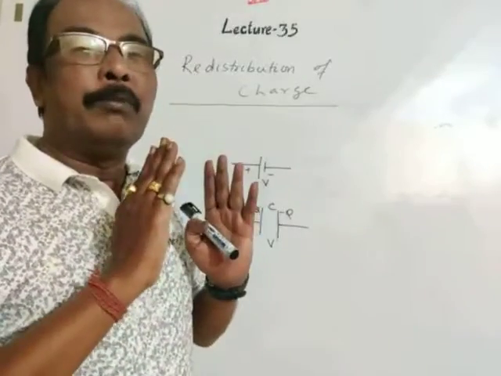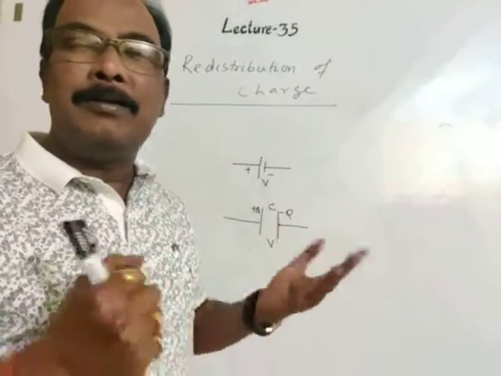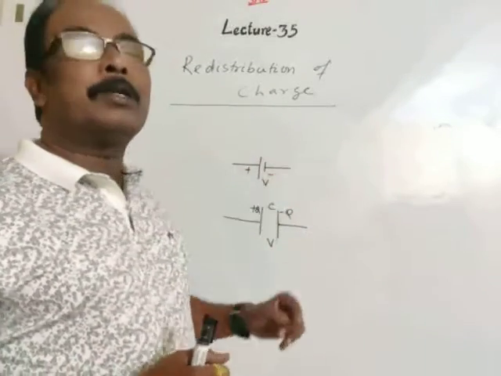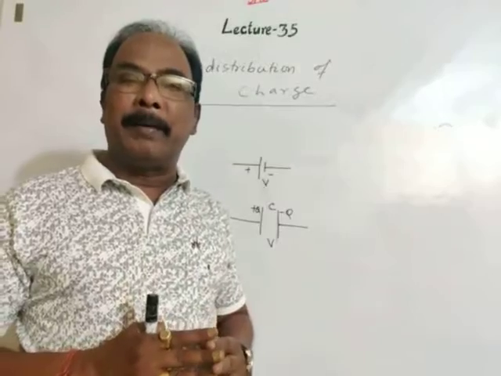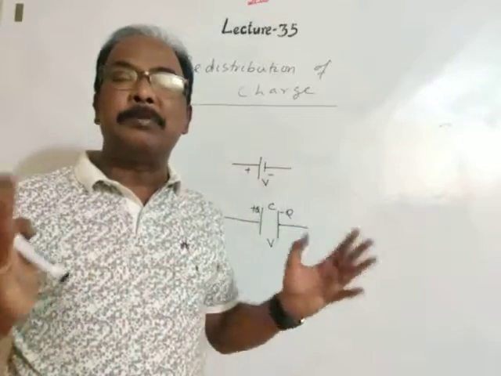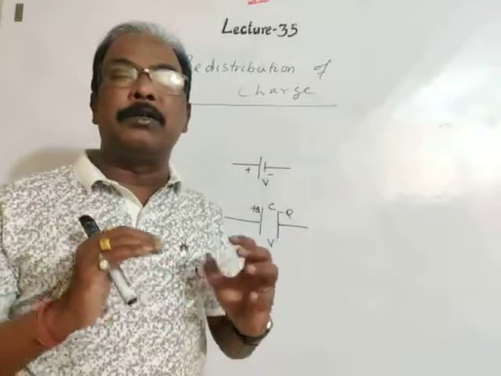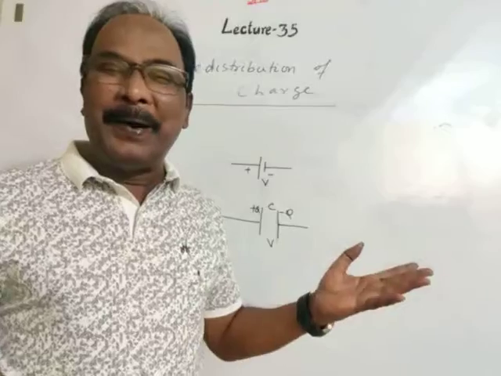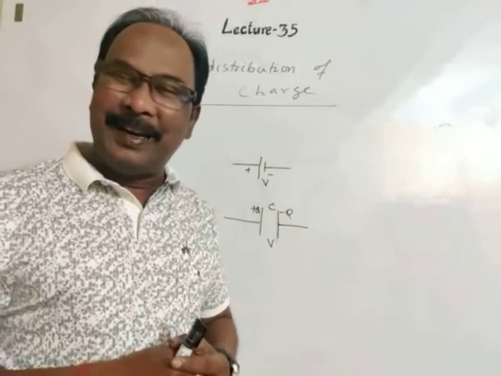To move the charge, energy is required, because the connecting wire in a closed circuit has resistance. Resistance means opposition to the flow of charge. A conductor has a high number density of free electrons.